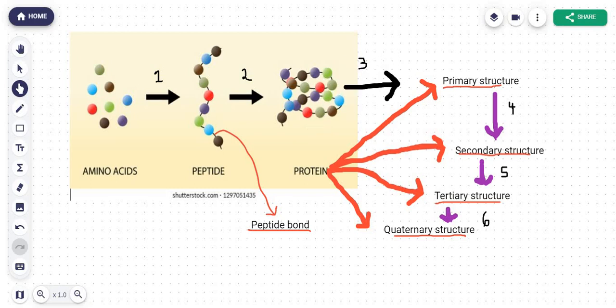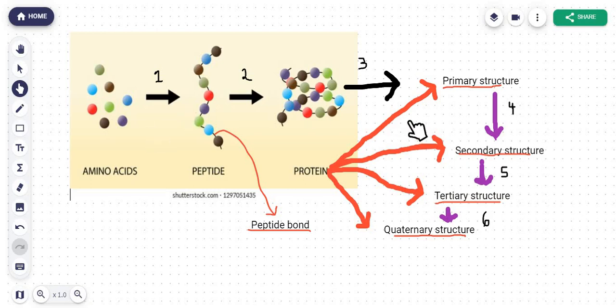Now this is a bit of additional stuff, not extra, it's part of the syllabus, but new for you in AS biology. Till here you studied this till your O levels in IGCSEs, but now a protein has its types as well, and this is going to be extremely new for you in AS biology. For instance, protein has a primary structure, a secondary structure, a tertiary structure, and a quaternary structure.